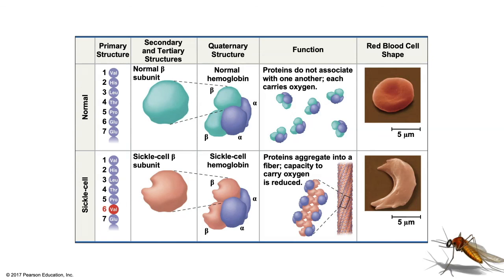Sickle cell is a heritable disease, and if you receive 1 copy of the sickle cell trait, it's protective against malaria. However, the survival rate of individuals who receive 2 sickle cell copies is low due to that hindered ability to transport oxygen through your body.